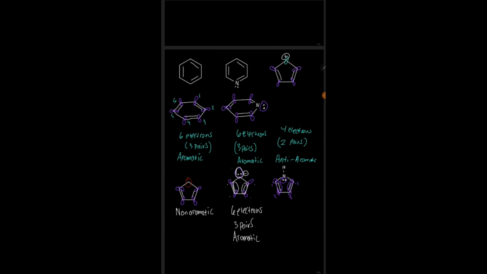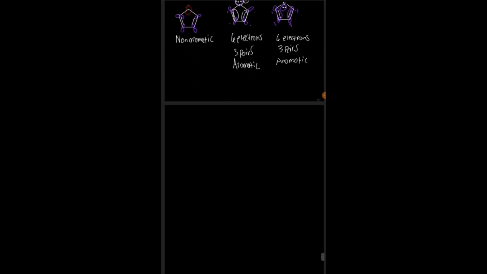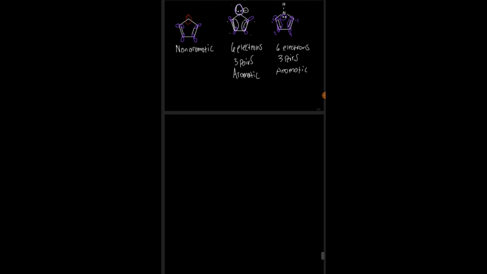So we got 6 electrons. Three pairs. Aromatic. Okay. Two more examples.